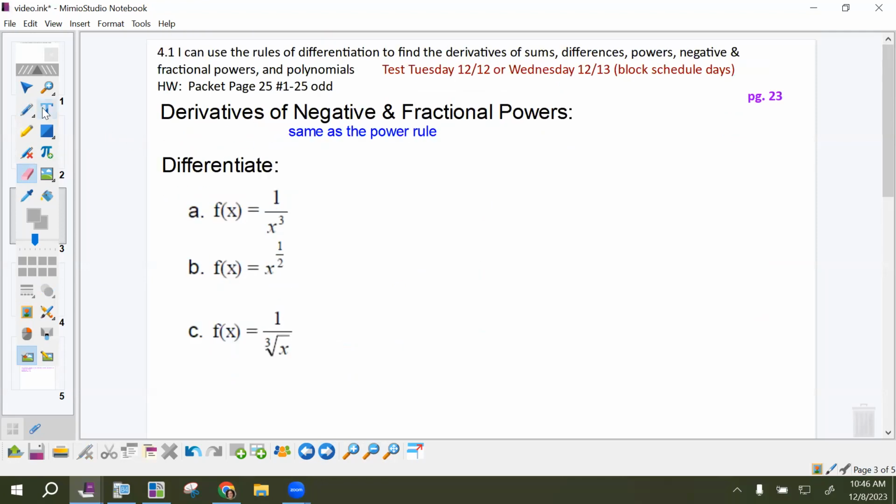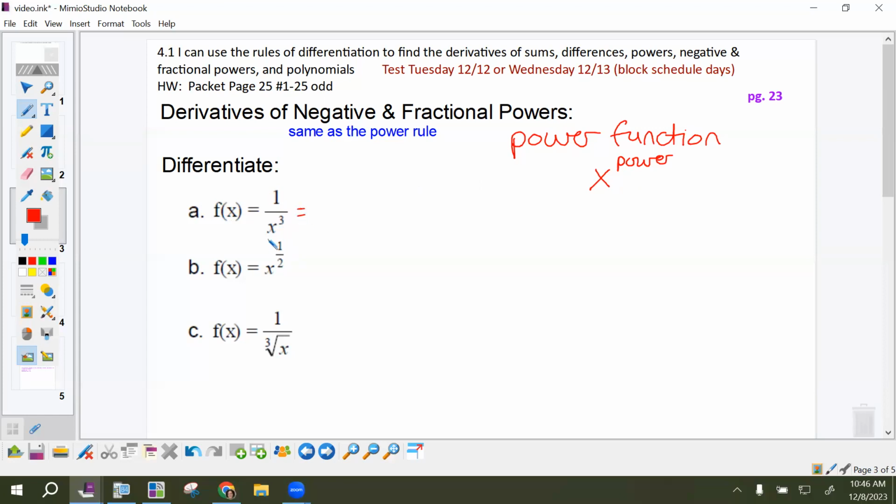If we have a negative or fraction power, we can use the power rule. To use the power rule, we need a power function, a polynomial where it's x to the power. Well, 1 over x to the third is not plain x to a power, and it's okay if there's a coefficient. So we have to change the way the original function looks before we can use the derivative rule.